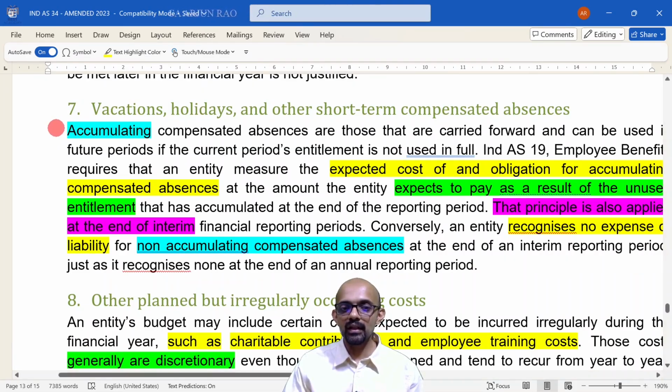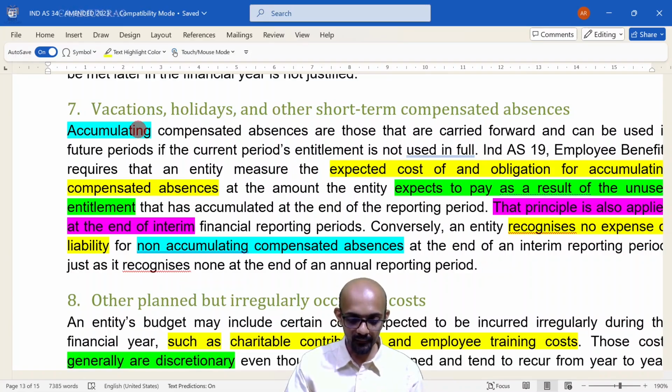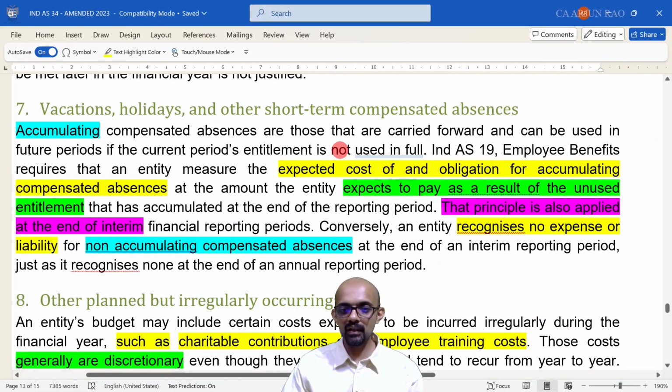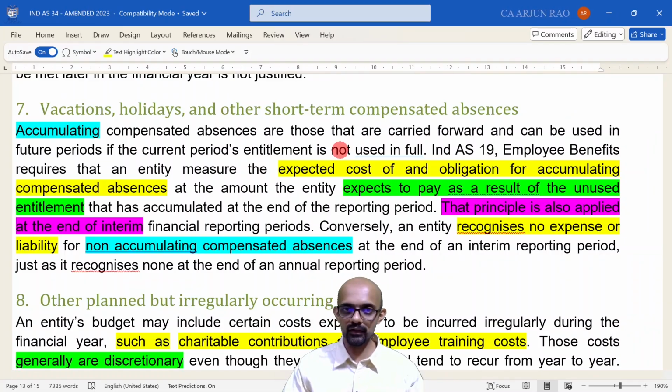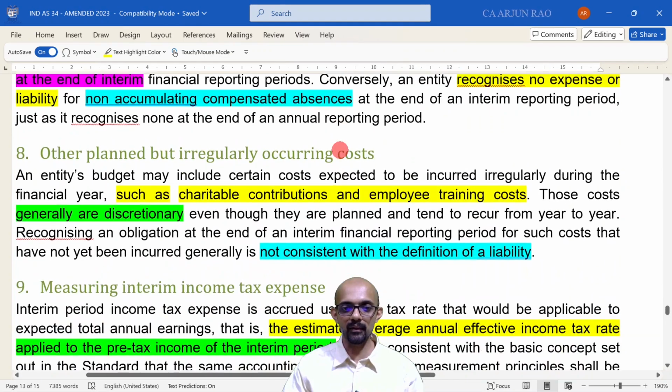If it is accumulating, whatever you expect to pay in the next period, you have to recognize. If it is non-accumulating, you are not going to recognize that expense. Of course, even if accumulating, if it is used in full and not carried forward to the next year, in that case also you will not provide.